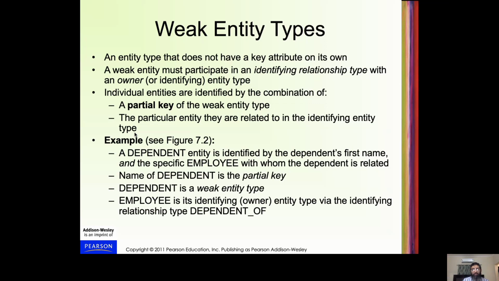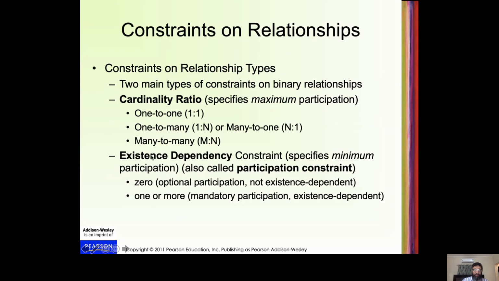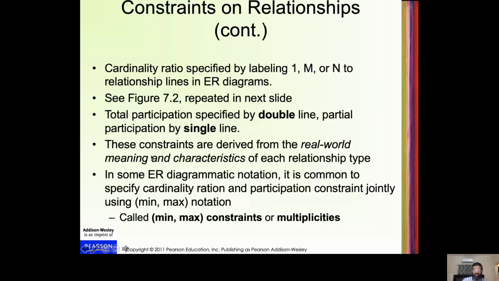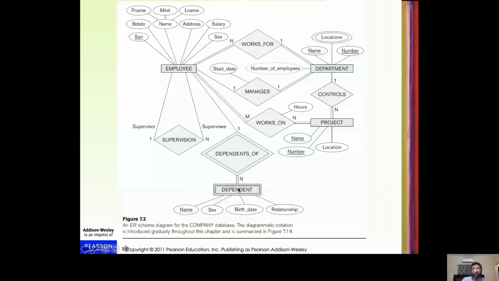So, for example, I already mentioned this example to you. Let me see if we have a picture of this somewhere. Yes, right here. So if you look towards the bottom of this page, middle bottom, you can see dependents of and then dependent.